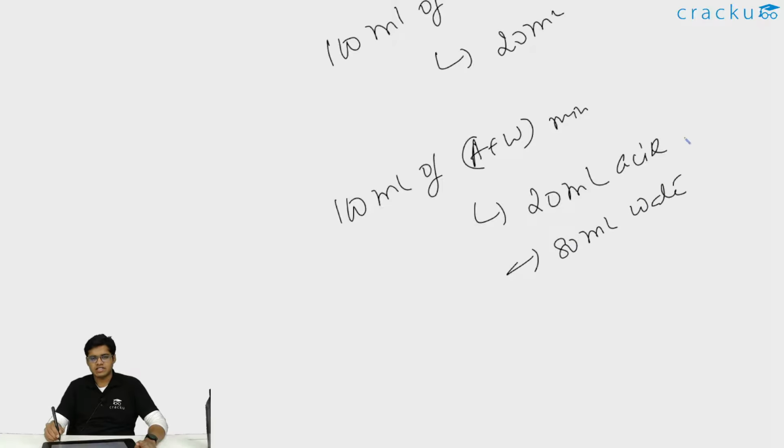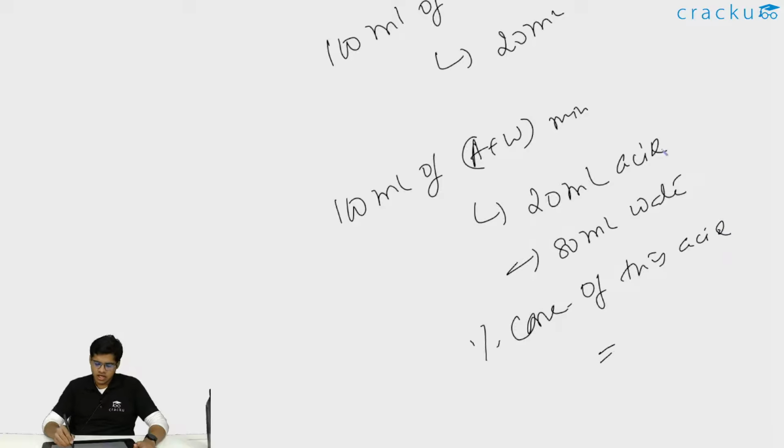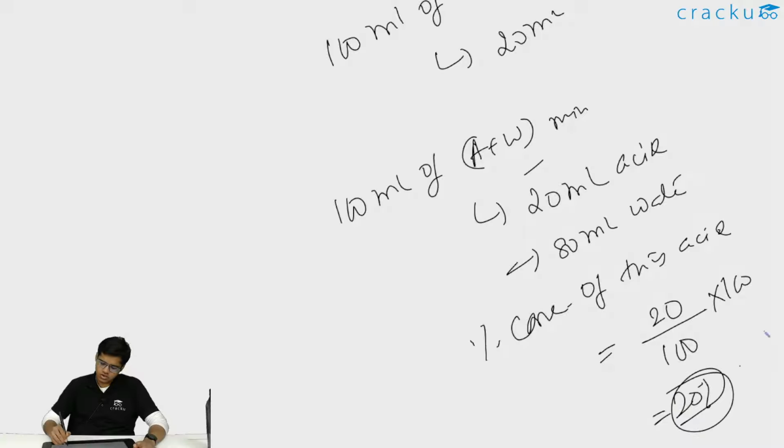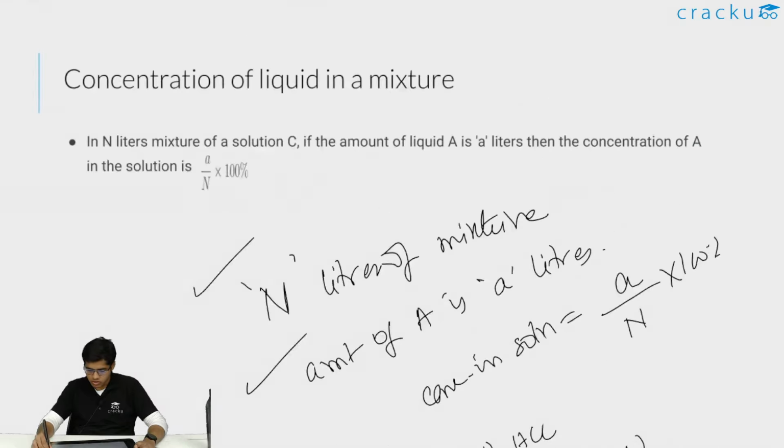Because if 20 ml acid is there, then the amount of water is 100 minus 20, 80 ml. So what will be the percentage concentration of this acid? It will be the amount of acid divided by total volume into 100. It is 20%. So percentage concentration is 20%, right?